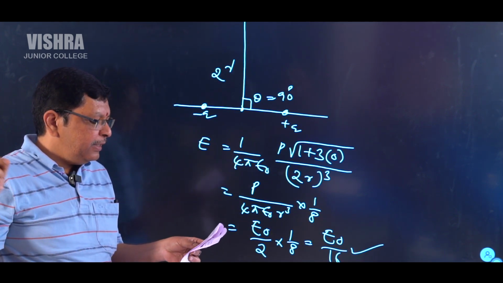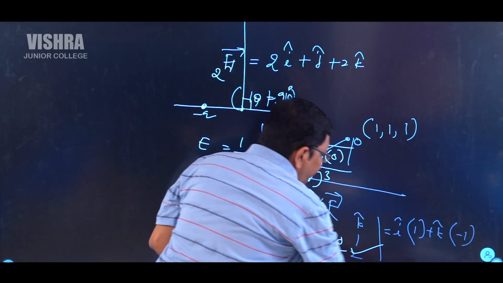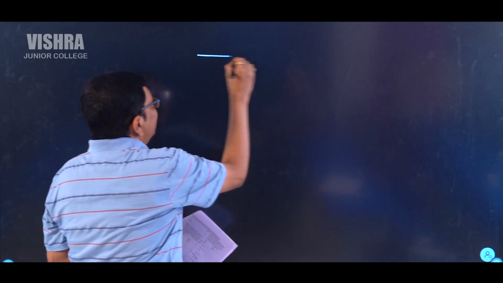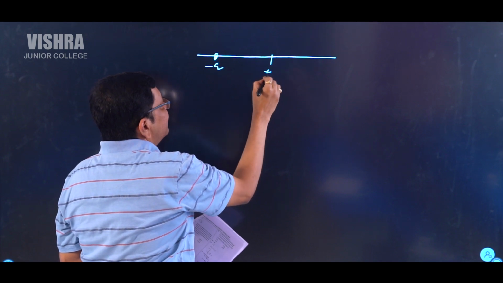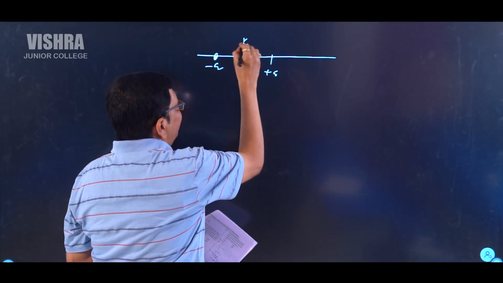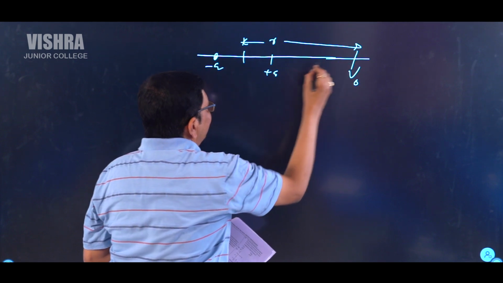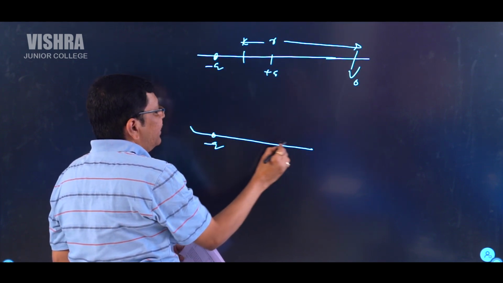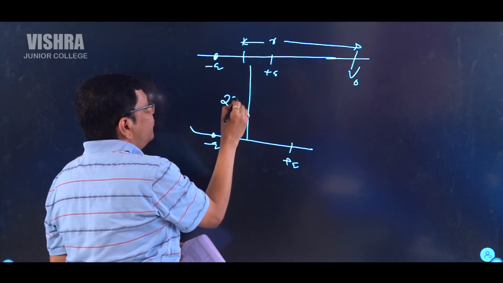Let me go to the remaining part. One more is asking about potential also. About potential, what he is asking is the same case of the dipole: on the axial line at a distance r from the center of the dipole, he gave that the potential is V naught. And what will be the potential in the same case on the equatorial line at a distance 2r?